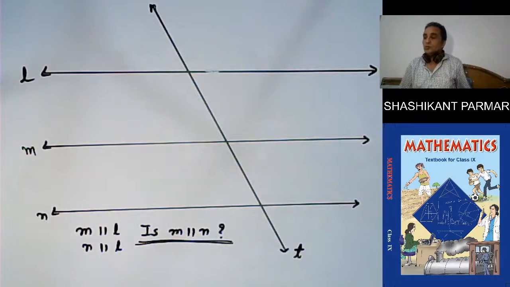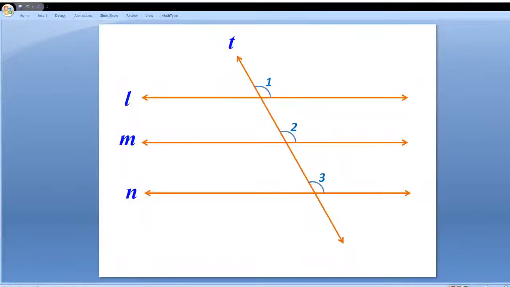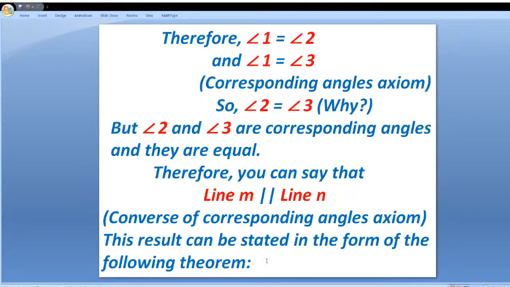Okay, so now see here. Let me write numbers 1, 2 and 3. Angle 1 and 2 both are equal because of the corresponding angles axiom.